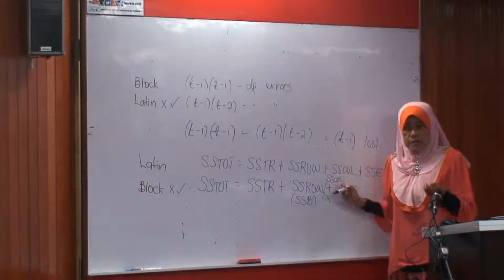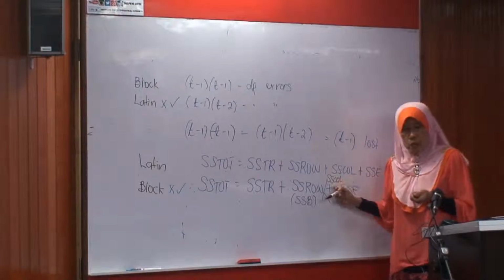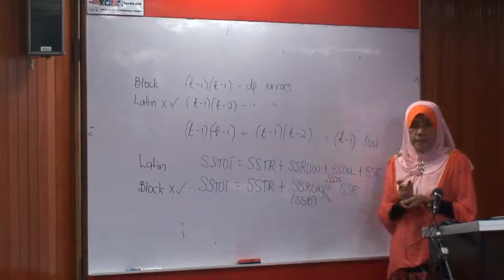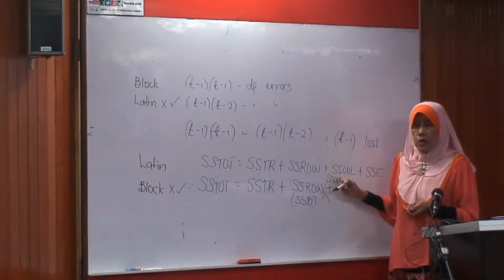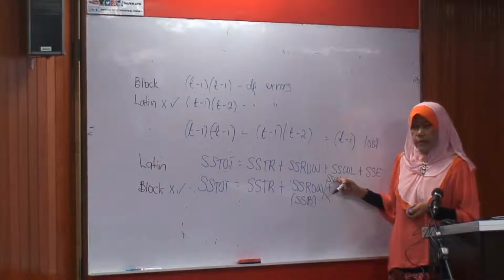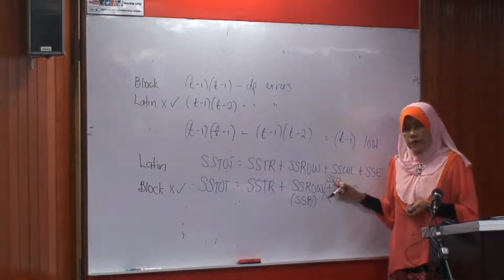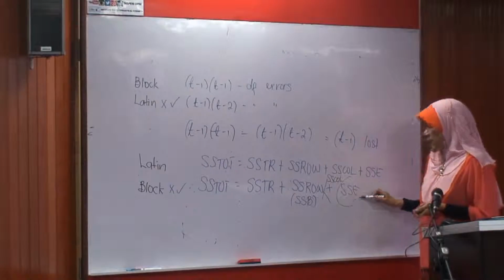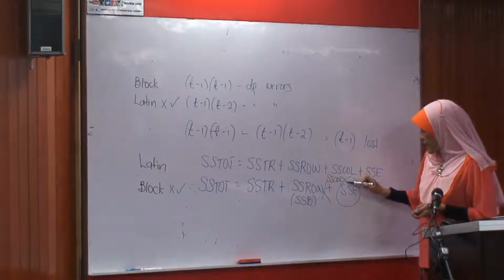You do not measure it, and then it has no place to go because you use a block design. When there's no place for the column variation, it will go to the error.